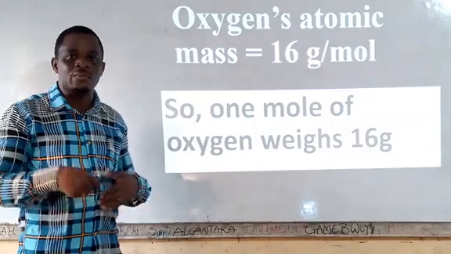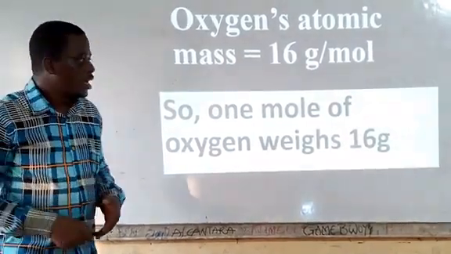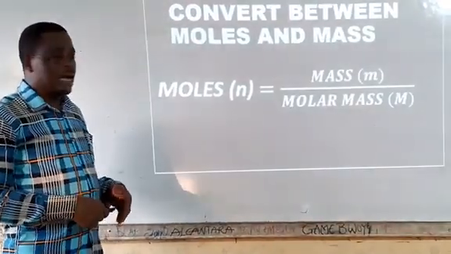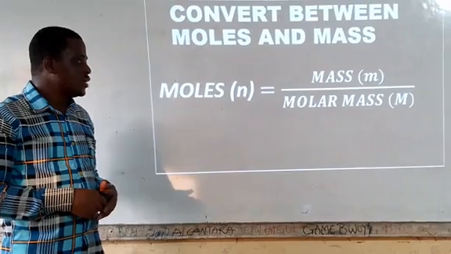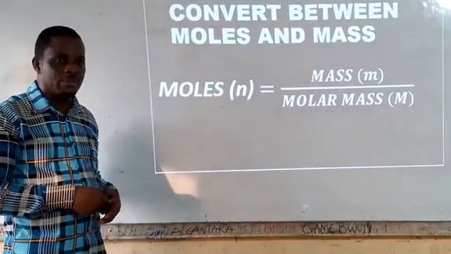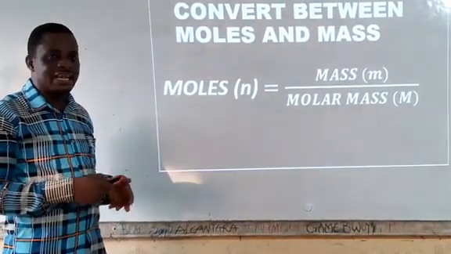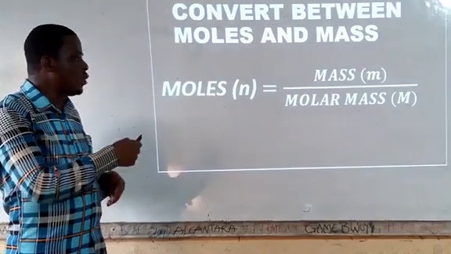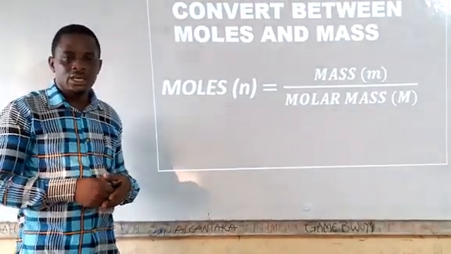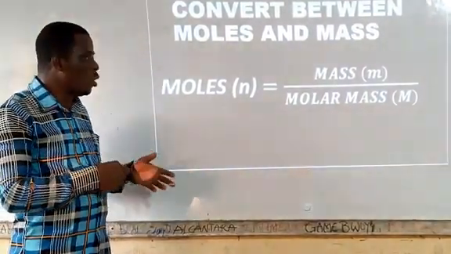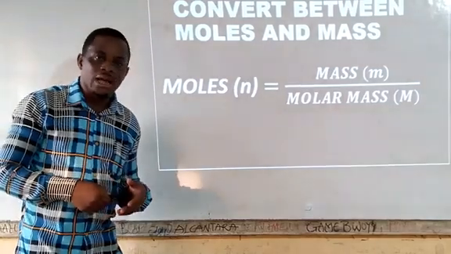And it has been experimentally determined. We have a relation which is mole equals mass over molar mass. And in our next lesson, we are going to see how we can use this equation to solve questions relating to moles, mass, and molar mass.